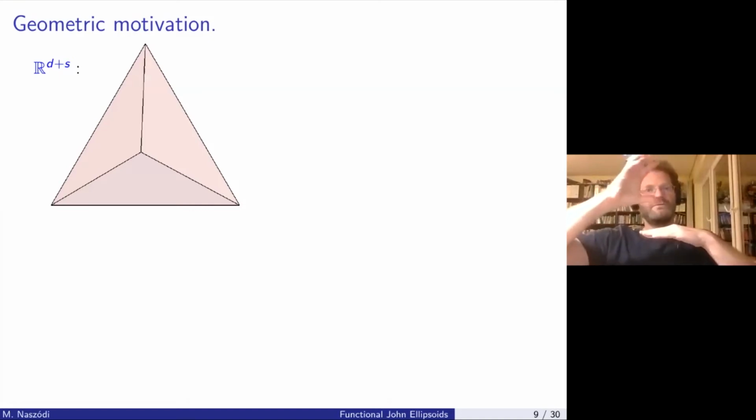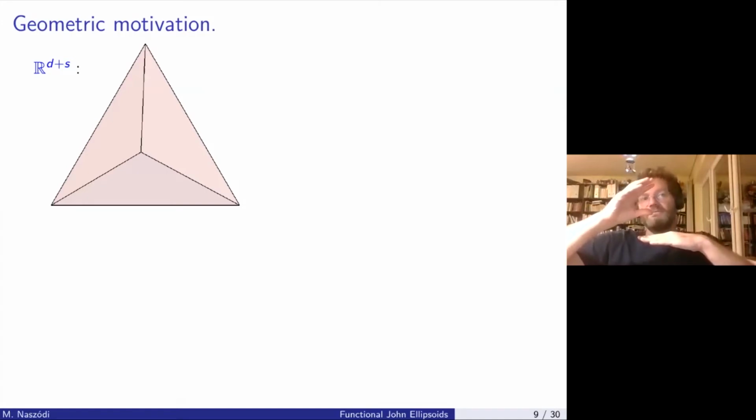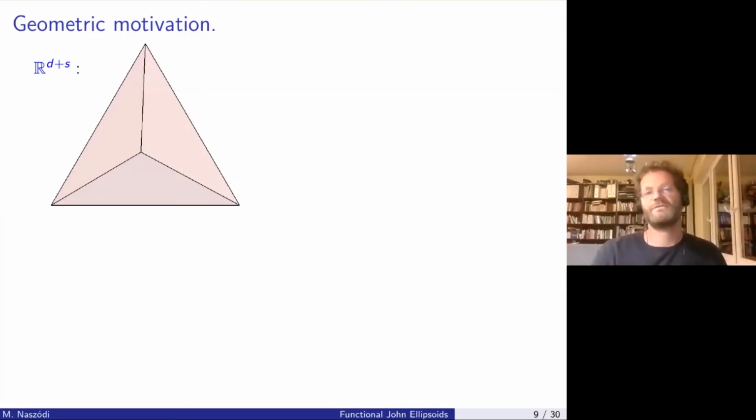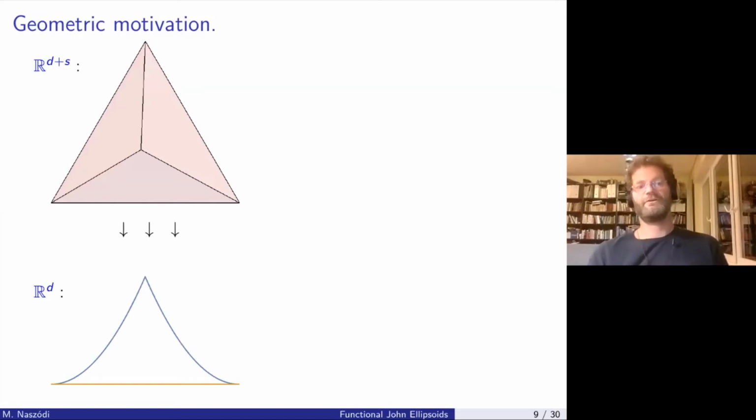So you have the uniform distribution on the convex body. That's a measure on R^(d+S), and you take the marginal of this measure on Rd. So here you took the marginal. Here is the density function of this marginal.